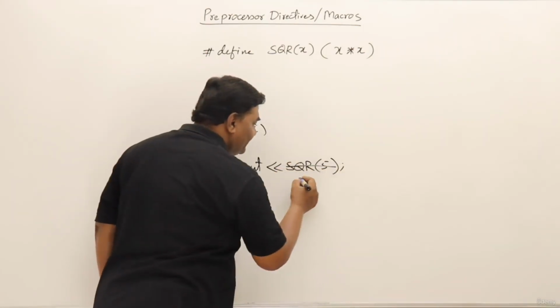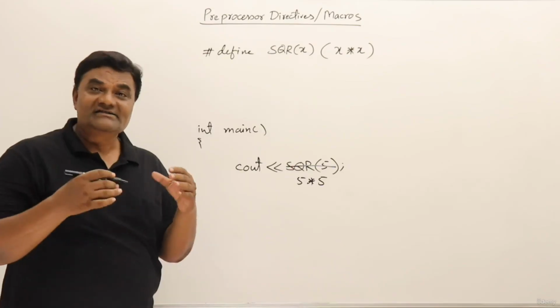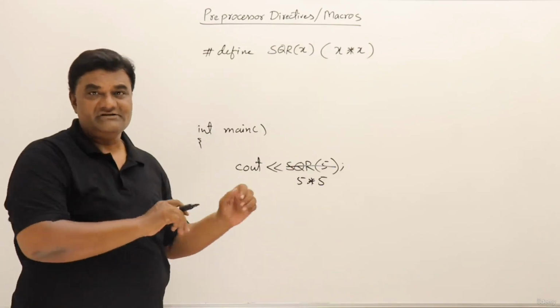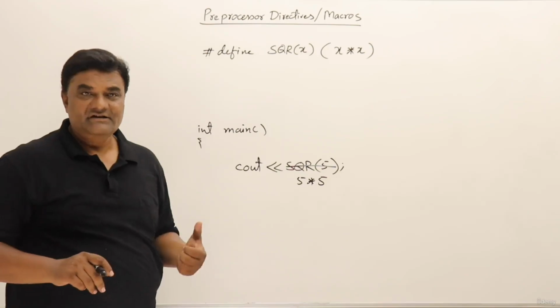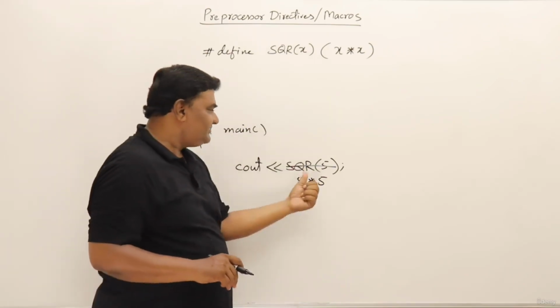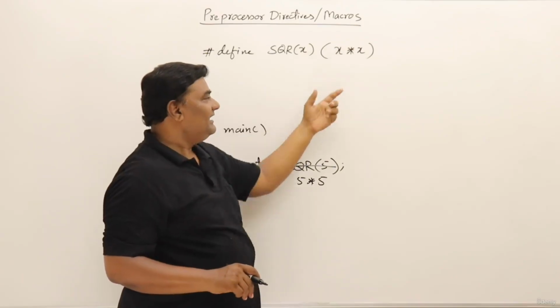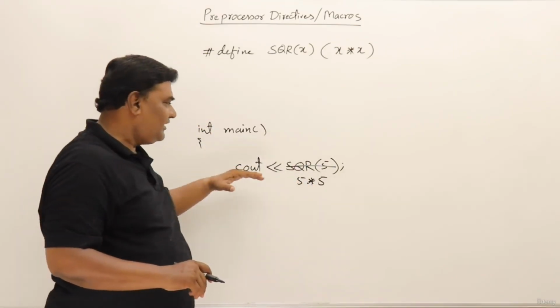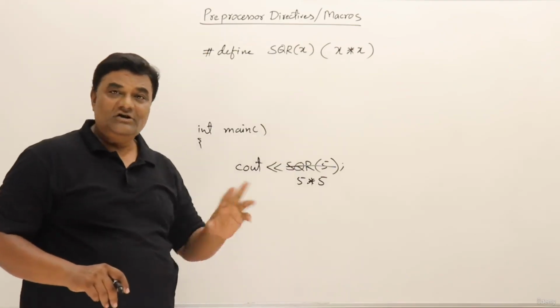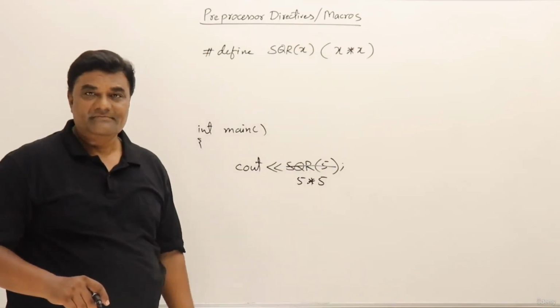This will be replaced by 5 into 5, before the compilation process starts. So I can mention a function, this will take a parameter, and that x will be multiplied and it will be written as 5 into 5. So it will actually be cout 5 into 5. It will not be sqr for the compiler.